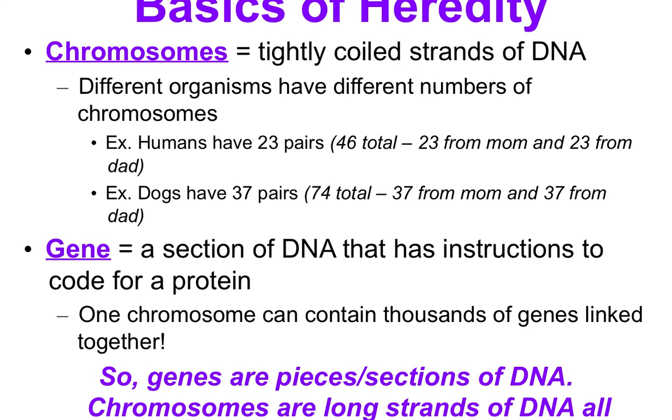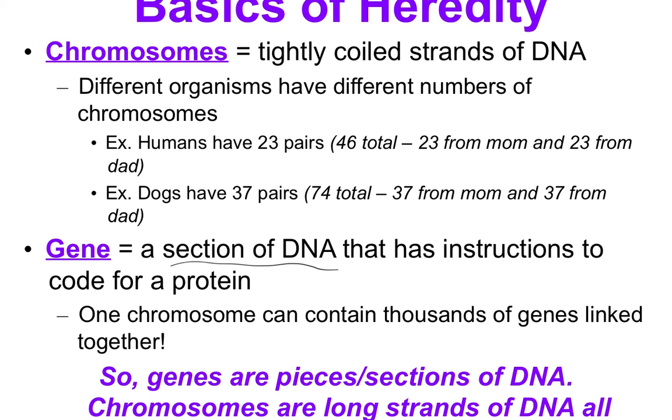Some strawberries have like 400 strands. So really, the number of chromosomes depends upon the organism. A gene is a little piece of that DNA, and it has instructions to make a protein, a special protein unique to that organism.